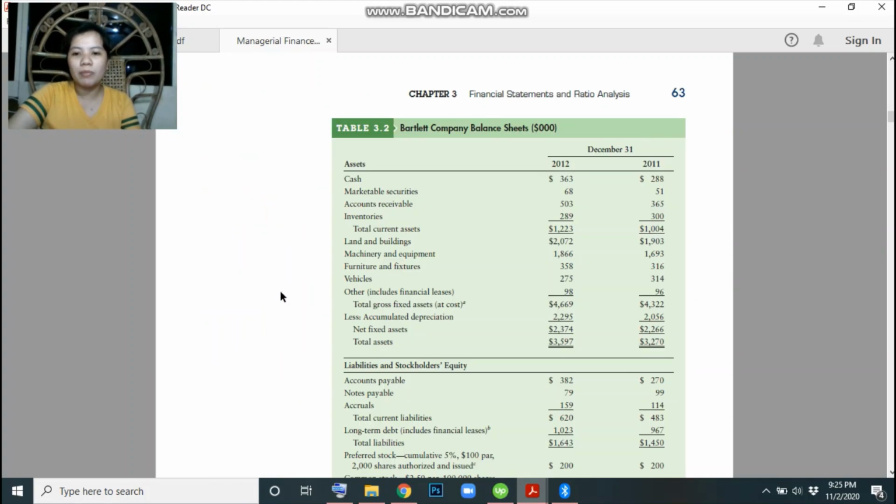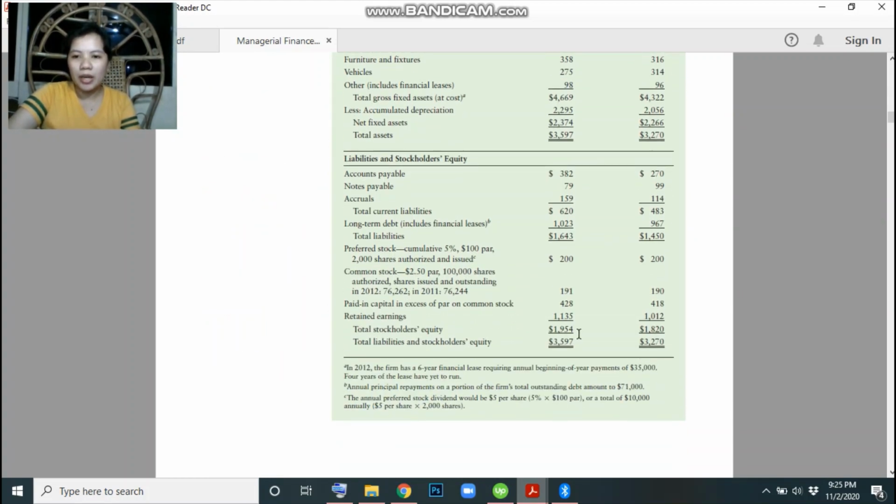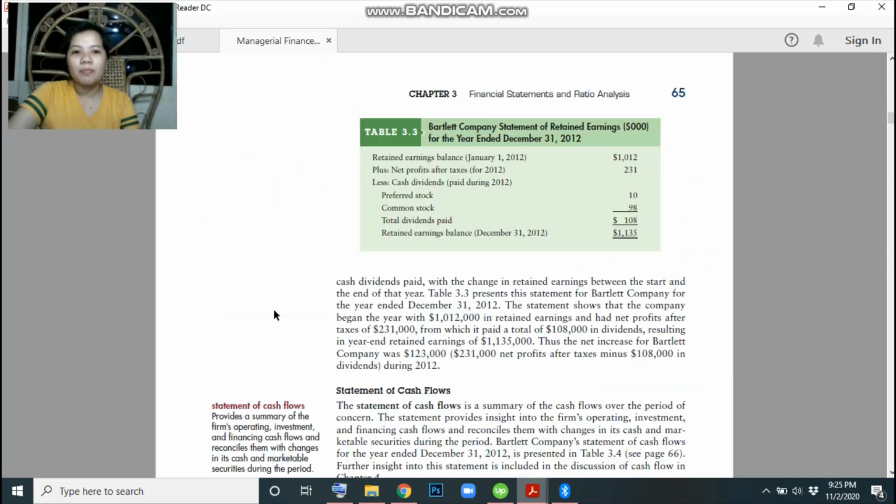We look for that 1,012,000. This is the retained earnings as of December 31, 2011, which is also the balance of retained earnings on January 1, 2012. Plus the net profit after taxes for 2012, which is $231,000. Where can we find the net profit after taxes?